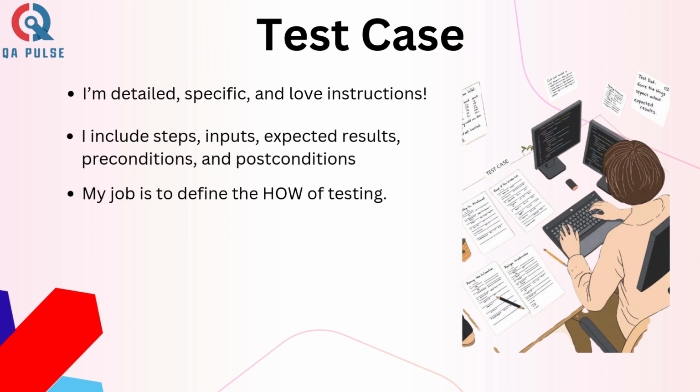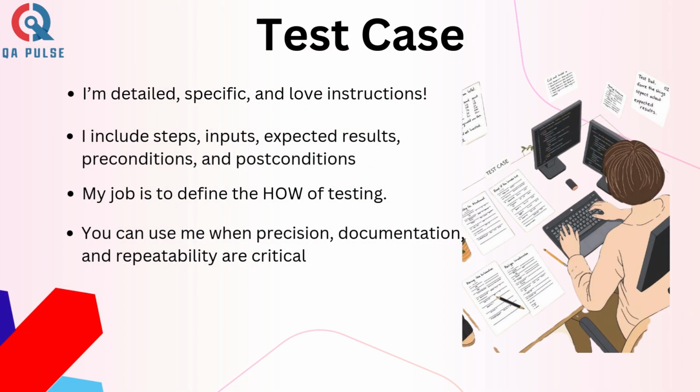How exactly should this feature behave? How can we test it systematically? It's like a recipe which tells you precisely how to bake that perfect QA cake. I am your go to when you need to be precise. Number one, be precise.